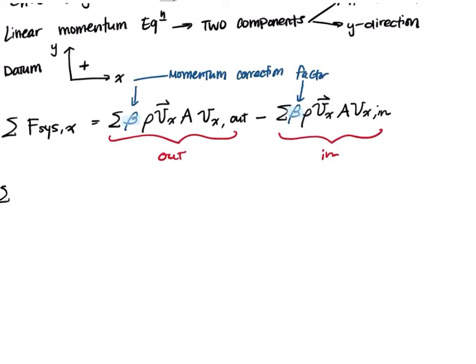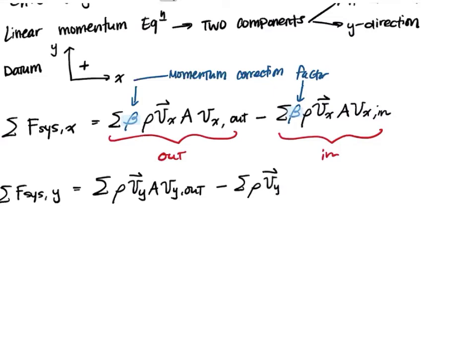Then we also have our sum of the forces onto the system in the y direction, which is equal to density multiplied by the directional velocity multiplied by area multiplied by our velocity y, again out of the system, minus the sum of density, directional velocity y, area, magnitude velocity in.